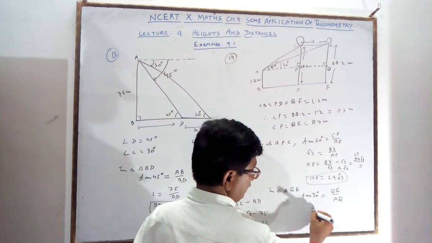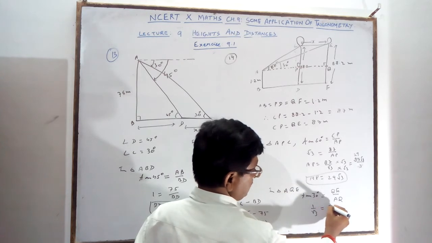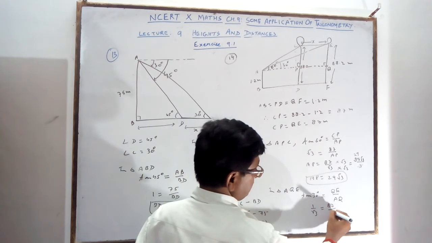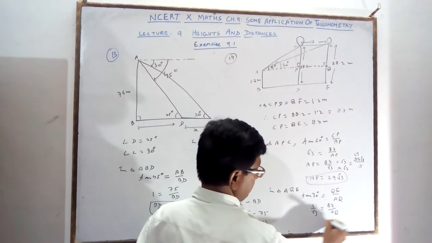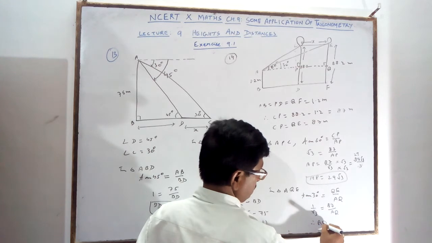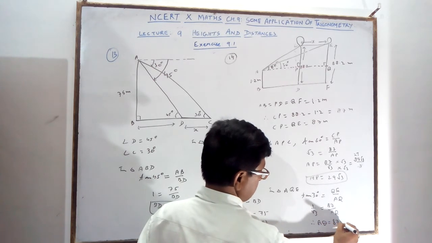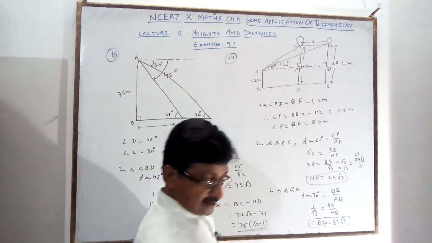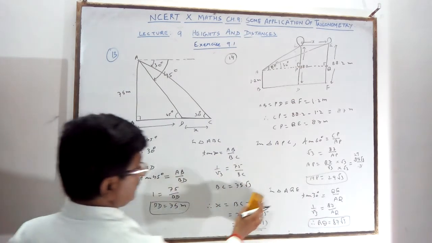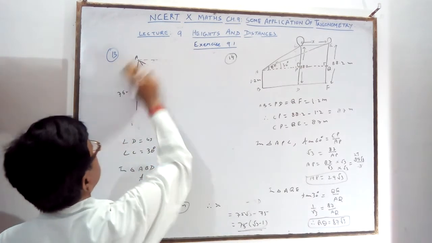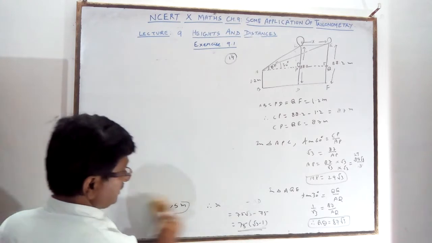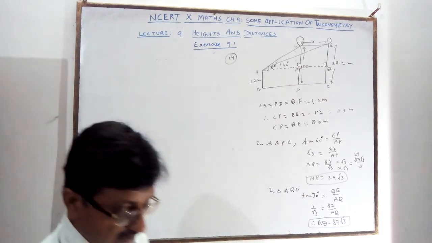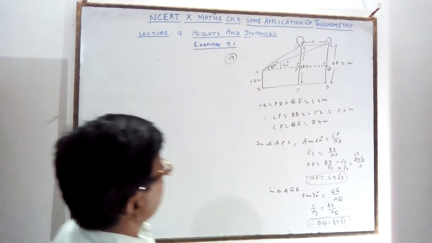Tan 30 is 1 upon root 3, QE again is 87. AQ you want to find out, so AQ is equal to 87 root 3. Both distances you have now. Now you want to find your answer. The answer is not this; you will get the answer by subtracting.